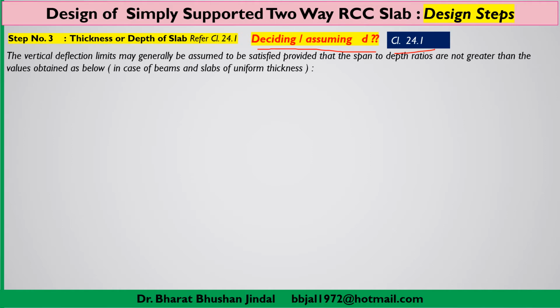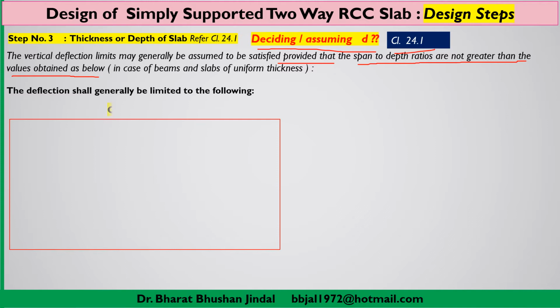Now vertical deflection limits may generally be assumed to be satisfied provided that the span to depth ratios are not greater than the values mentioned here onward. It may be the case of a beam or a slab having uniform thickness. So deflection generally we can limit as per the following guidelines.